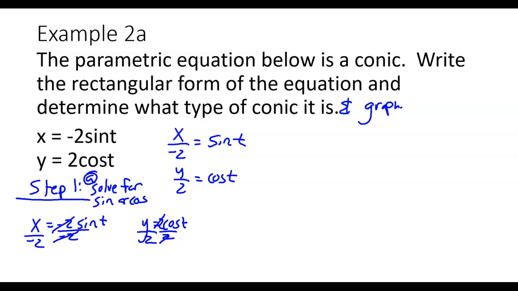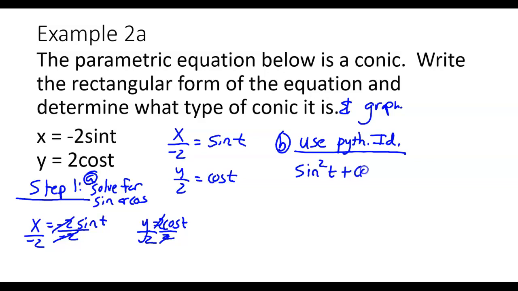The second part of step 1 is to use that Pythagorean identity. Since we have sine and cosine, I'm going to be using this one here: sine squared plus cosine squared equals 1. Now, what does sine equal?